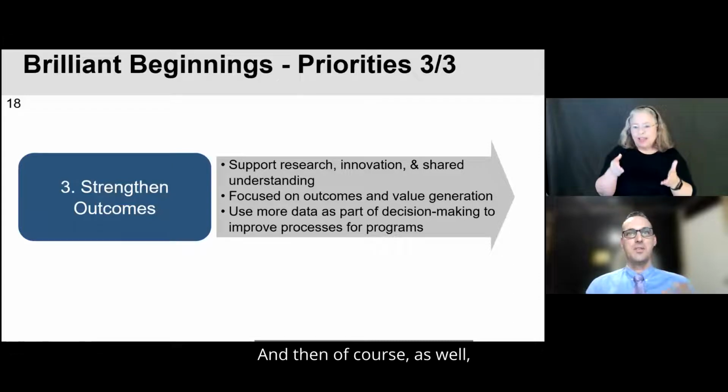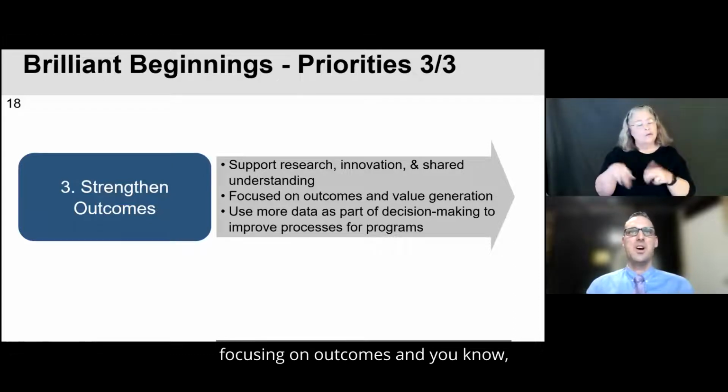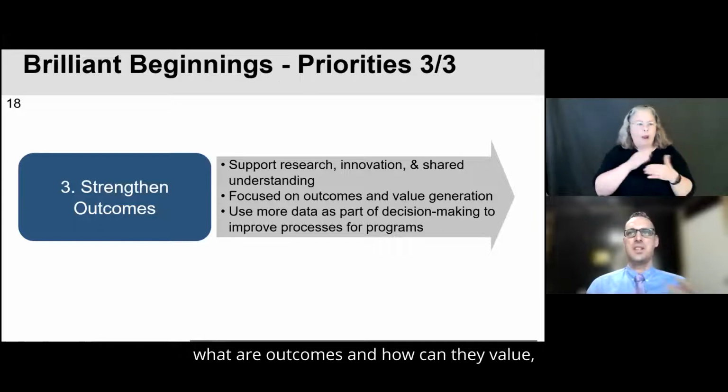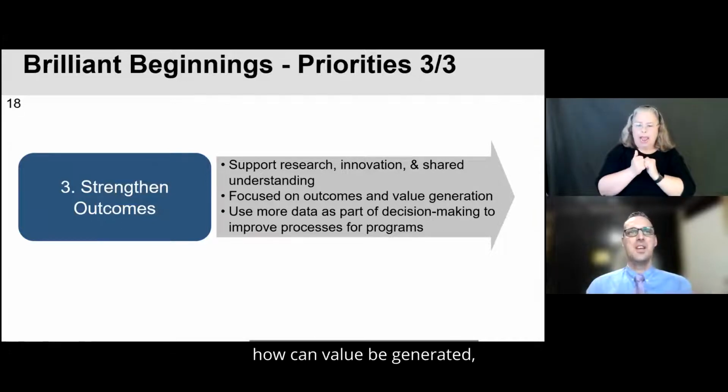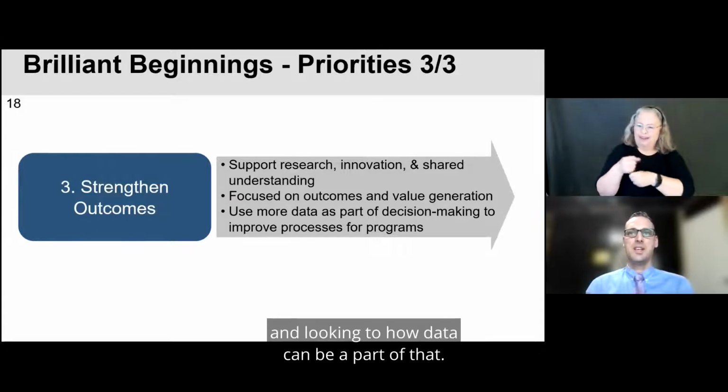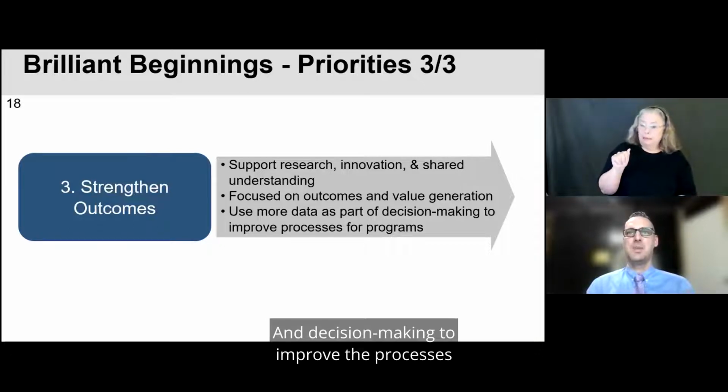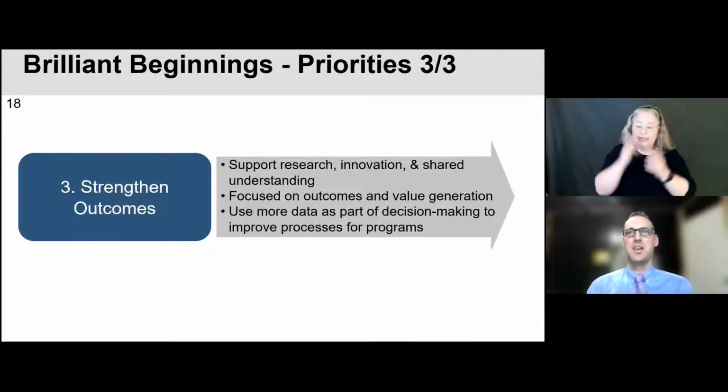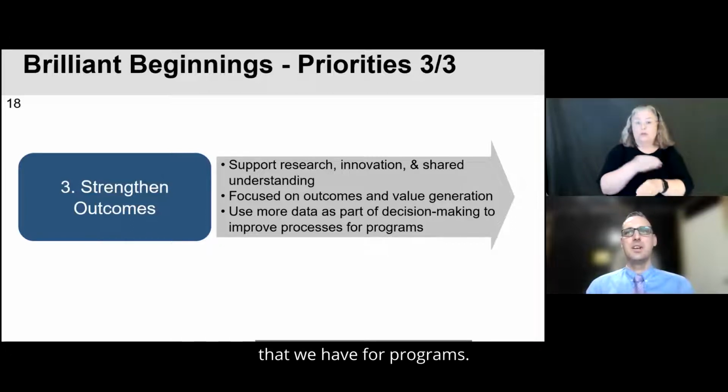And then, of course, focusing on outcomes, what they are and how value can be generated, and looking at how data can be part of decision making to improve the processes that we have for programs.